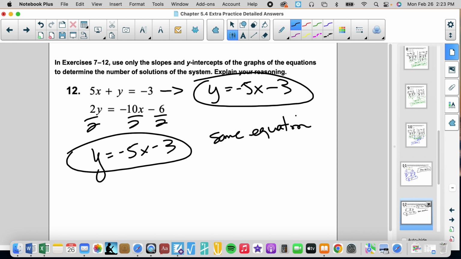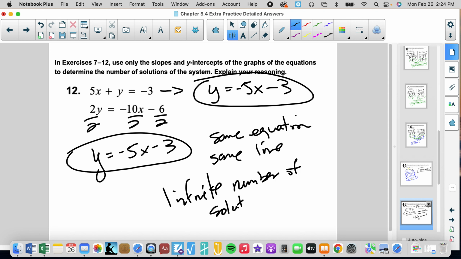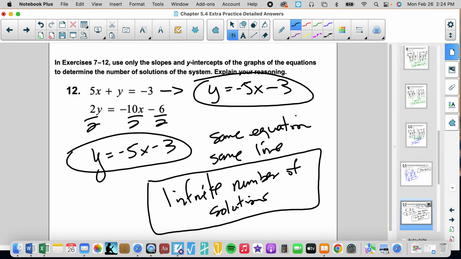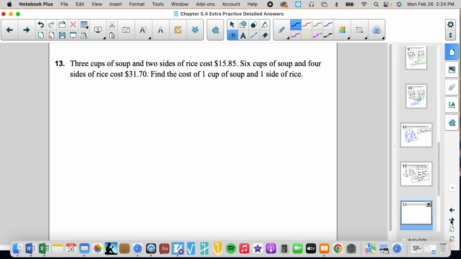Since they're the same equation, they're the same line. So there's an infinite number of solutions. All the points on their lines are the points of intersection.